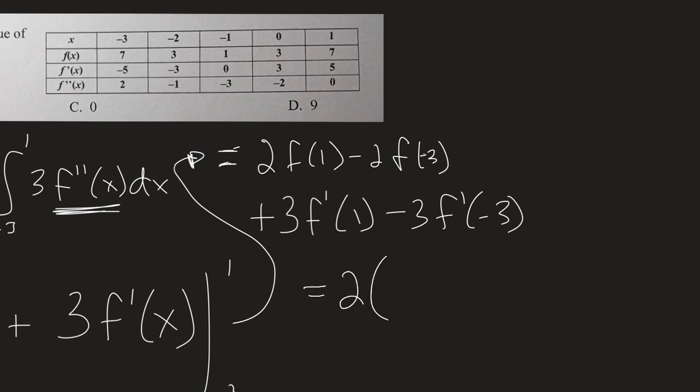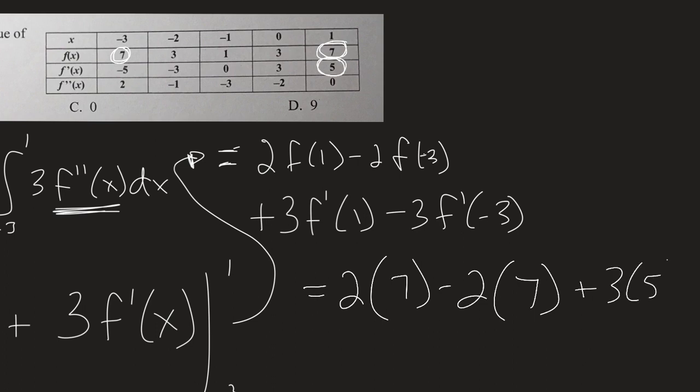So 2f of 1, f of 1 is 7, minus 2f of -3 is 7, plus 3f primes at 1, so f prime at 1 is 5, minus 3f primes at -3, which is -5.